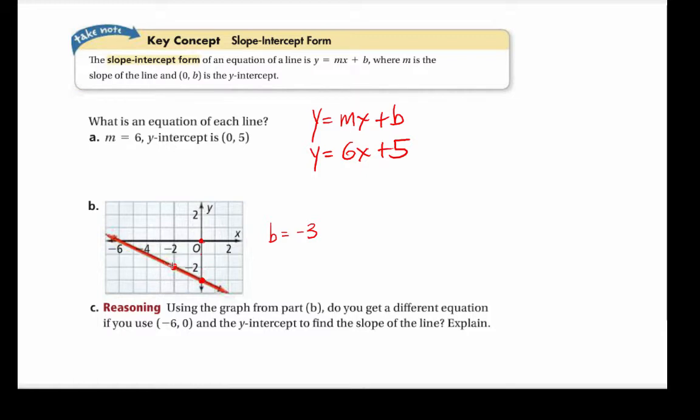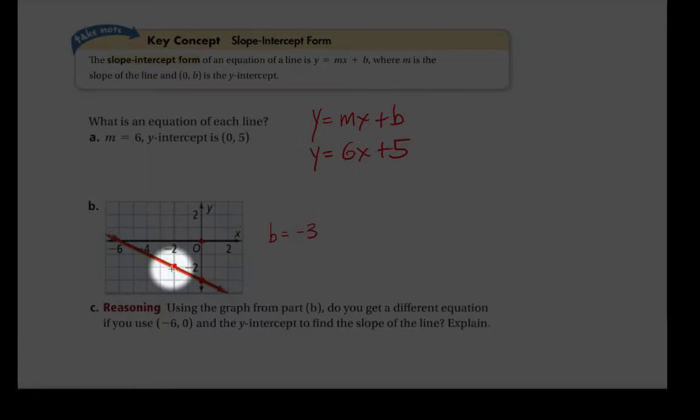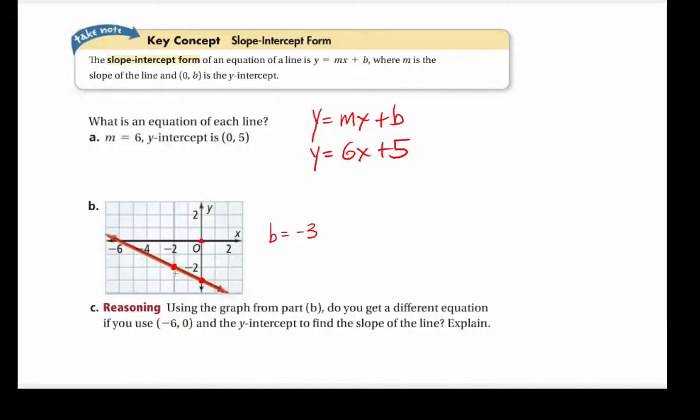If I want to calculate the slope, the general rule is that I always go left to right across my graph. So from this point to this point, my vertical change, I've got to go down 1 unit and I've got to go over 2 units. If the vertical change is down, that means it's -1, and I'm going to the right 2.